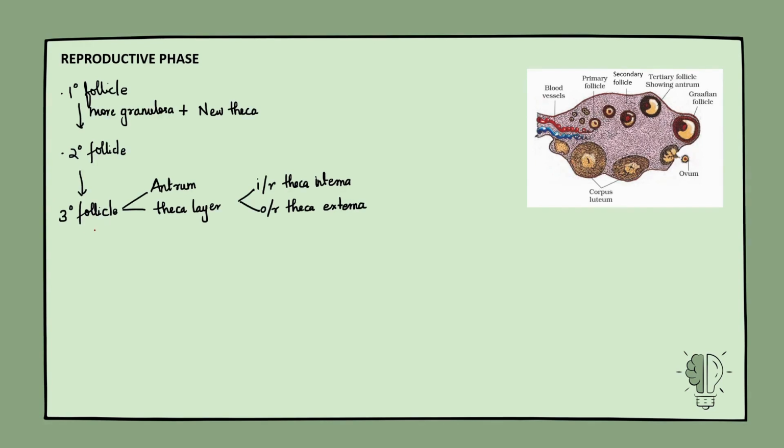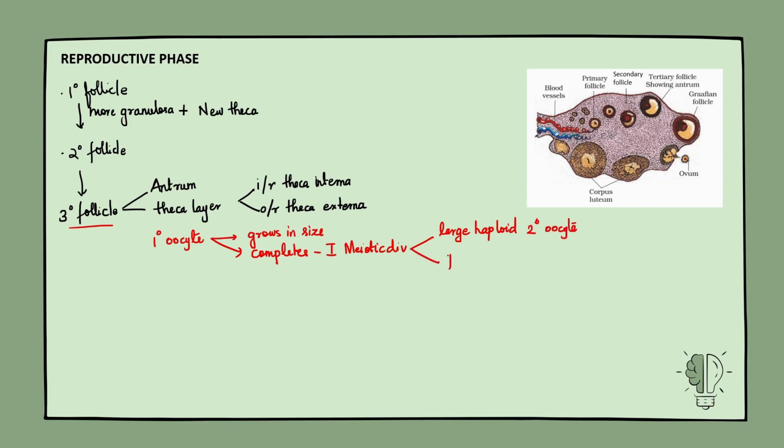Now, at this stage, within the tertiary follicle, the primary oocyte grows in size and completes the first meiotic division, which results in a large haploid secondary oocyte and a small polar body.